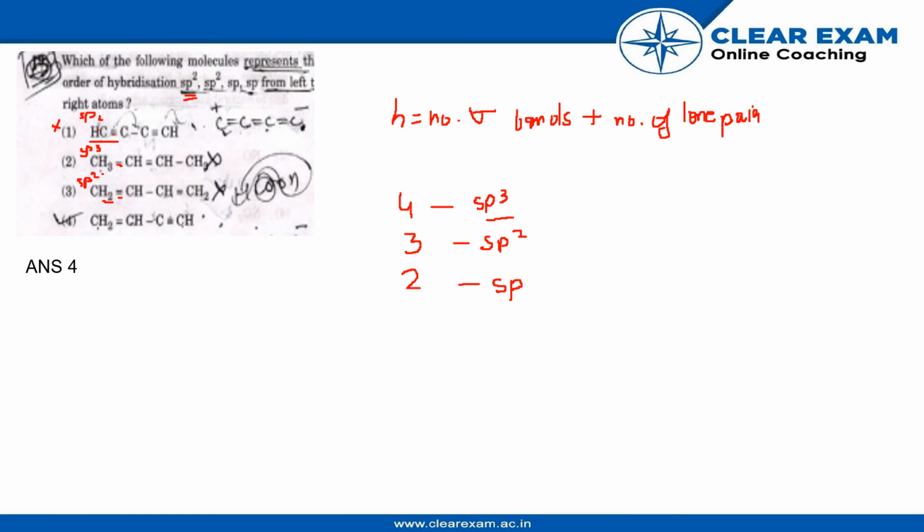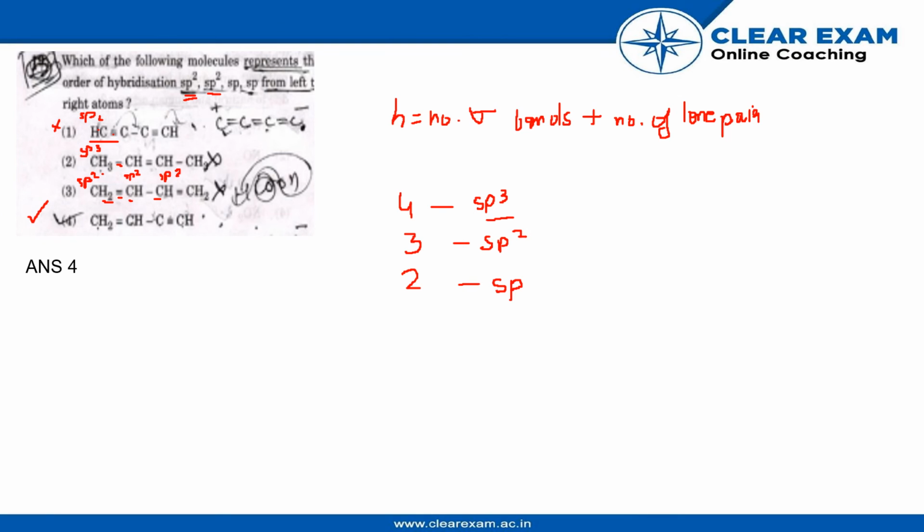If you move on to the next carbon atom, it will also form sp2, so this also matches the question. But on the third carbon atom, it will form 1, 2 and 3, so it will form sp2, so this does not satisfy the question. So this should not be the correct answer.